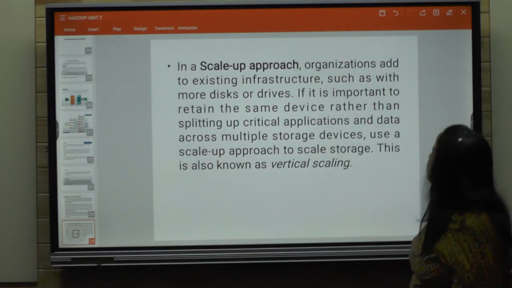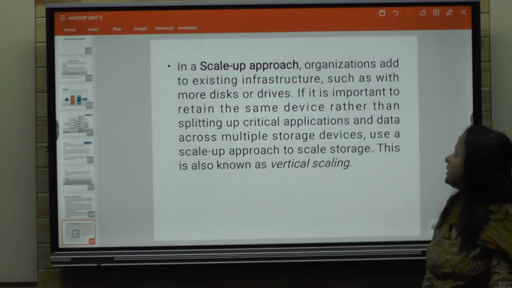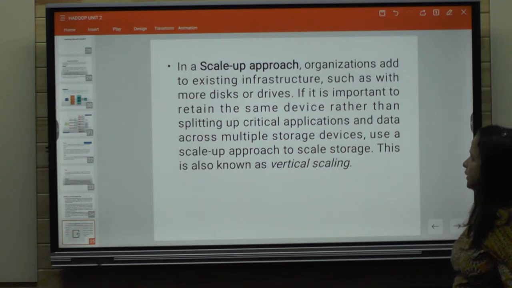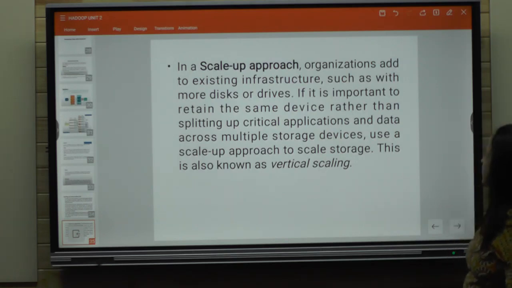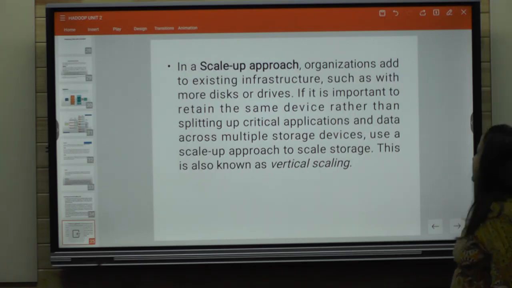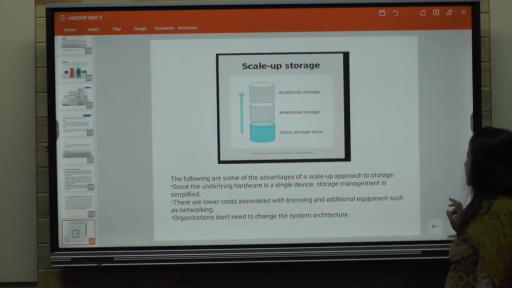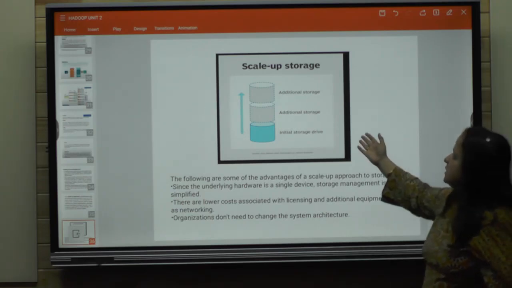In a scale-up approach, organization add to existing infrastructure such as with more disk or drives. If it is important to retain the same device rather than splitting up critical applications and data across multiple storage devices, use a scale-up approach to scale storage. This is also known as vertical scaling. This is the diagram.